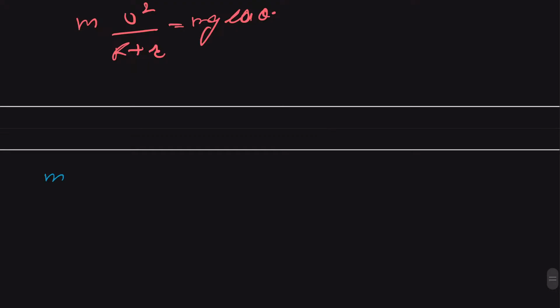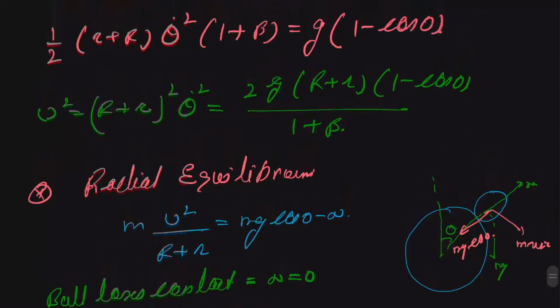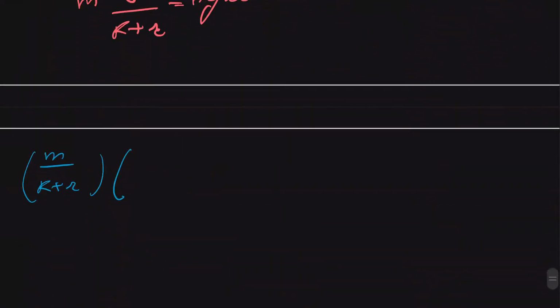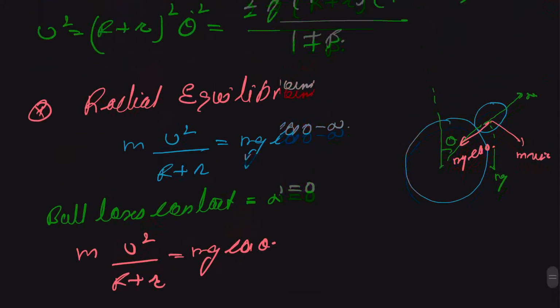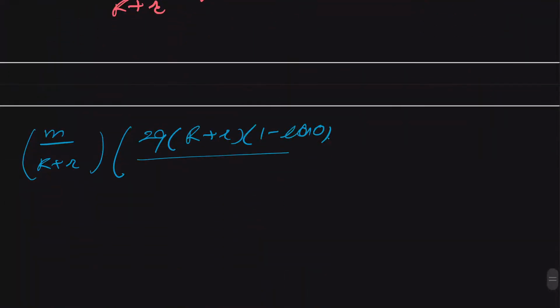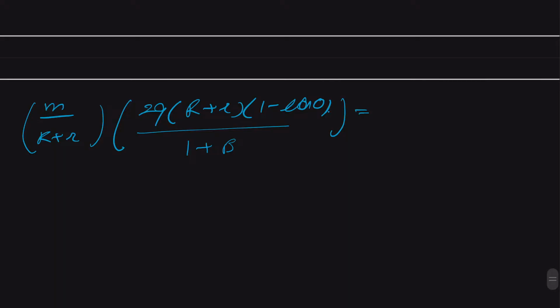Okay, so let me substitute it. So we get this as m upon (R + r), and this comes as 2g (R + r) times (1 minus cos of theta) divided by (1 + beta), and this will be equal to mg cos of theta. And here (R + r), m and g cancel out.